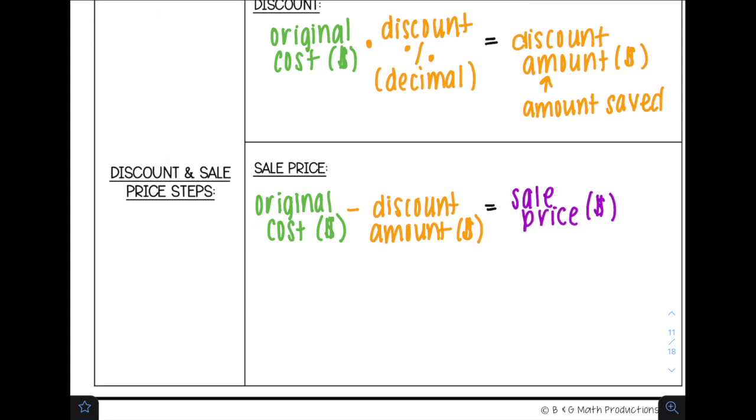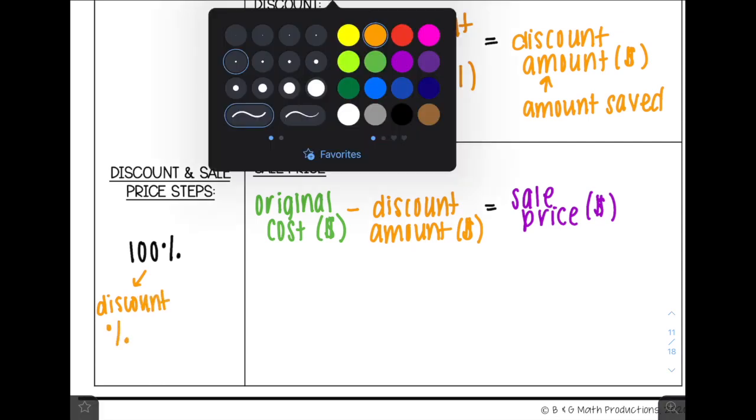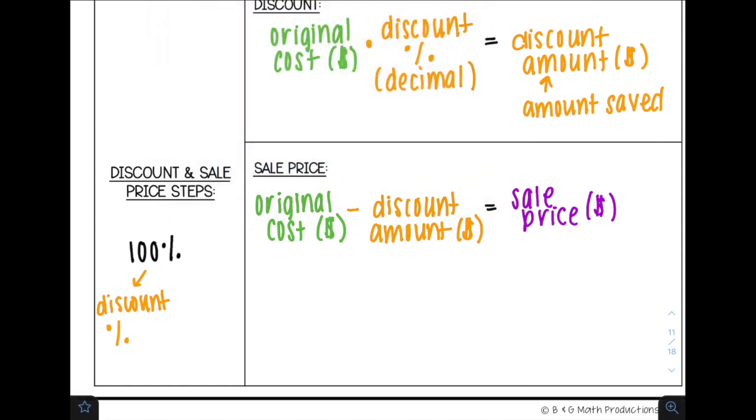If you think about an item starts out at 100% total. That's how much it costs. You're told that you have a discount, right? So you have a discount that you're going to apply, a certain percentage. But what is this other amount left over that you have to pay?